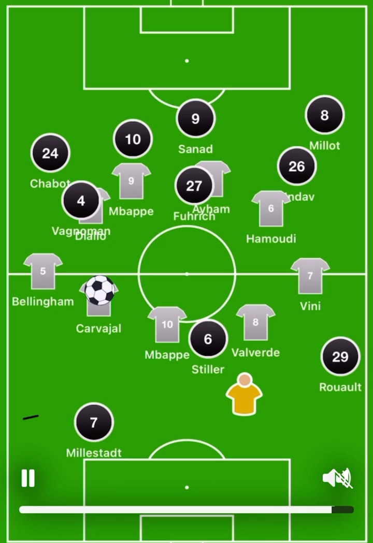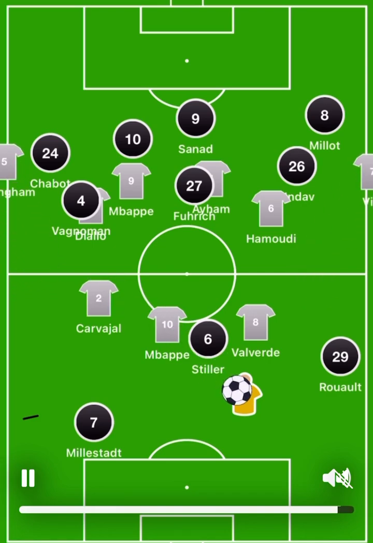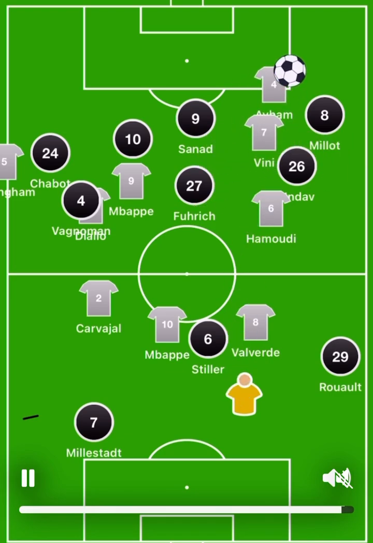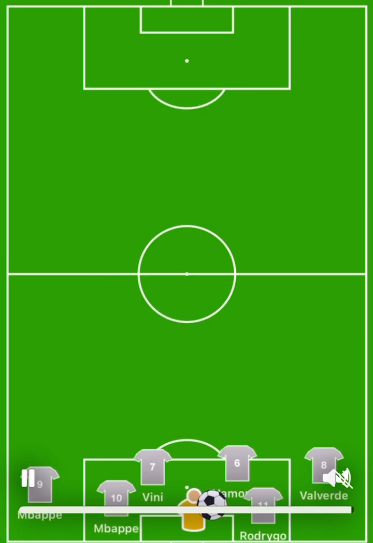So now we have more players taking on the functional roles of attacking midfield, right? So going forward, we're basically 10 or 9 central attacking midfielders. That's the role you take on.